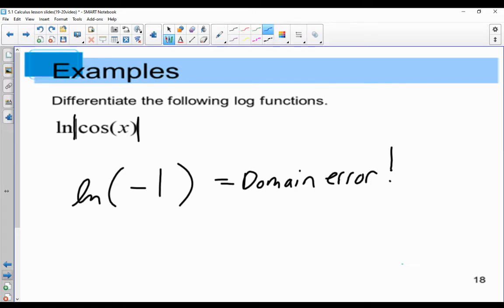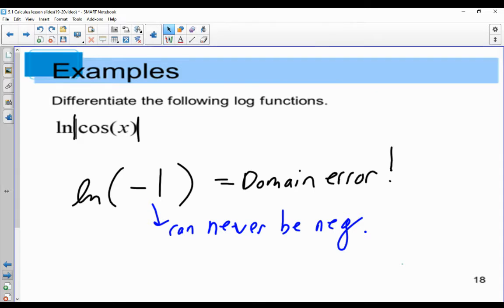Because the thing is with natural log, this number inside the parentheses can never be negative. If the number inside the natural log is ever negative, it will give you an undefined answer. So that's why we have a domain error.